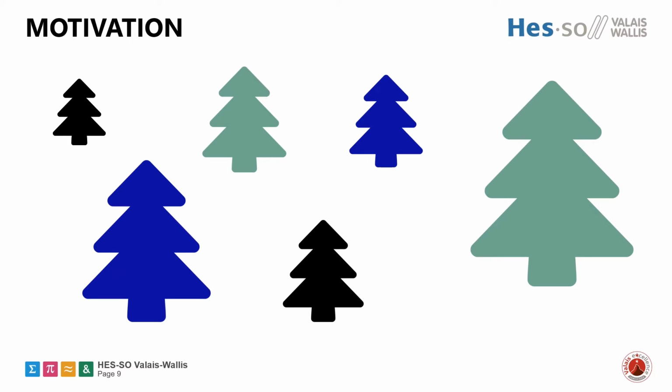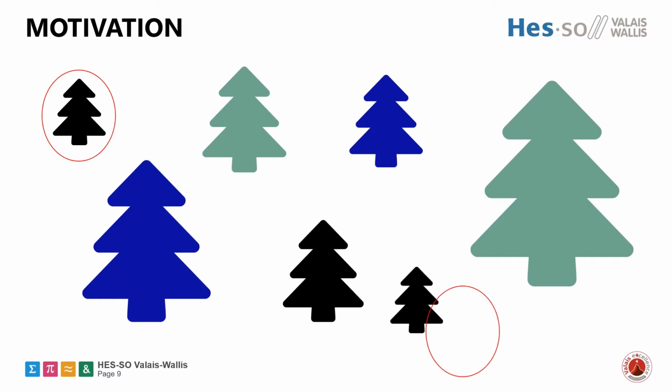But what happens now if we create the same object as this one? In this case, the tree that we will create with the same characteristics as this one will be shared from the first one. And this is where the pattern is interesting, because it allows the creation of light objects and then it diminishes the memory consumption.